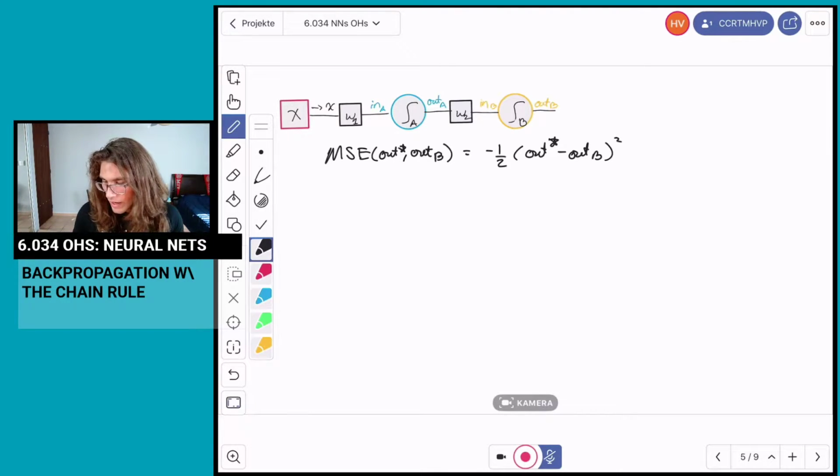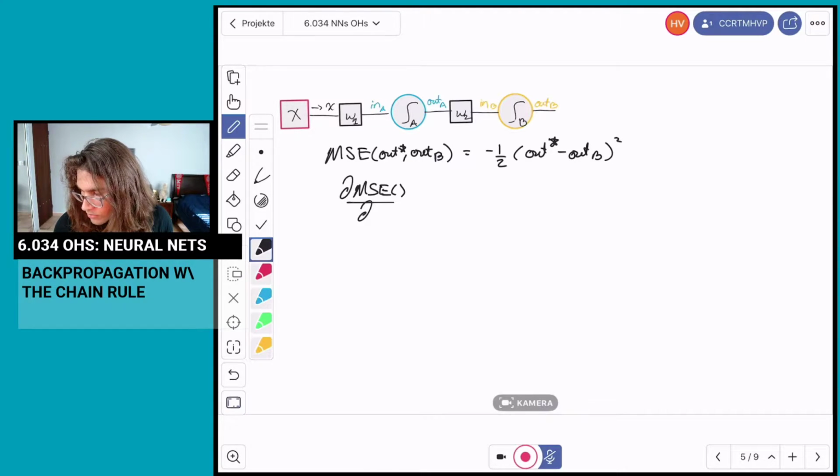And if I want to calculate in which direction I want to change W2, weight 2, I need to calculate the partial derivative of the mean squared error with respect to W2.